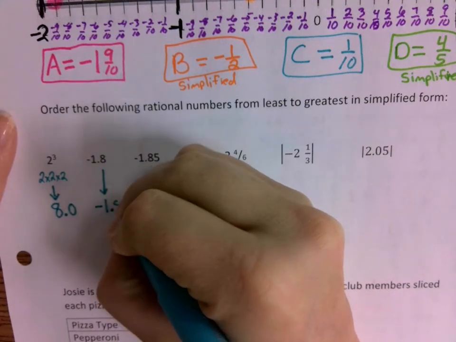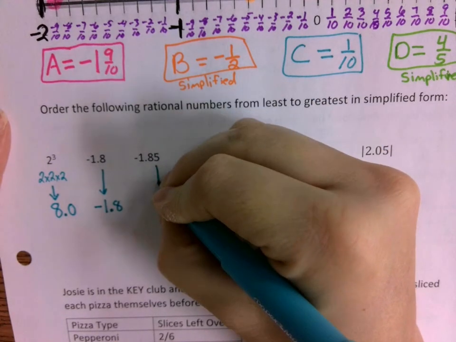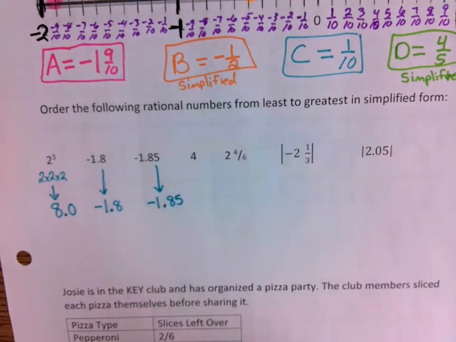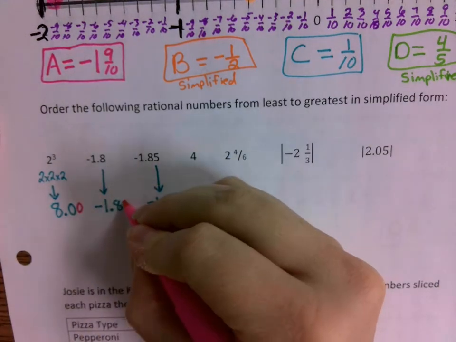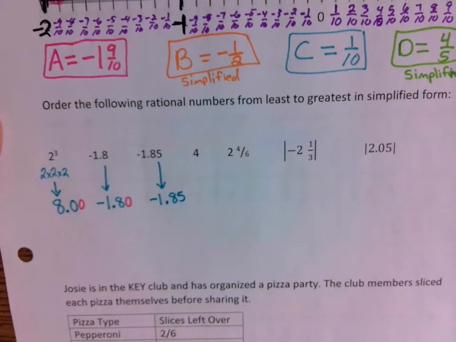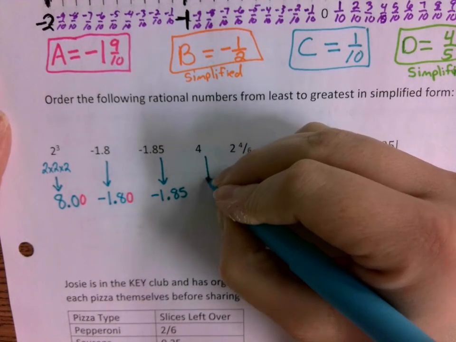And now here I've got negative 1.85. So they're trying to trick me now. They're adding a second decimal place, so I'm going to go ahead and add a second decimal place behind each of these. I'm going to add some imaginary zeros behind those. All right, 4. 4 is a whole number, so we're just going to go ahead and write it as 4.00.